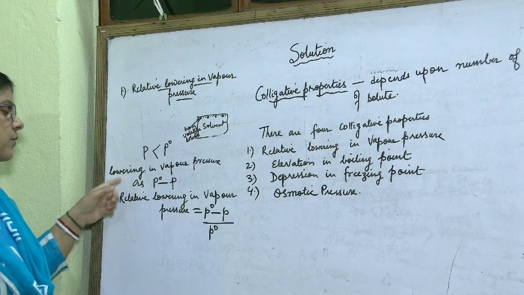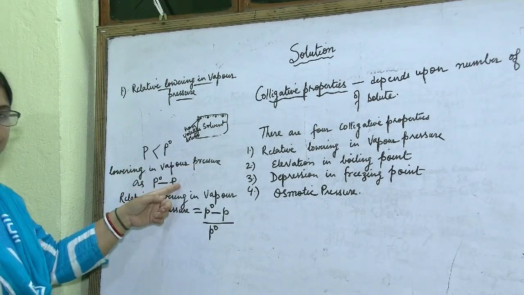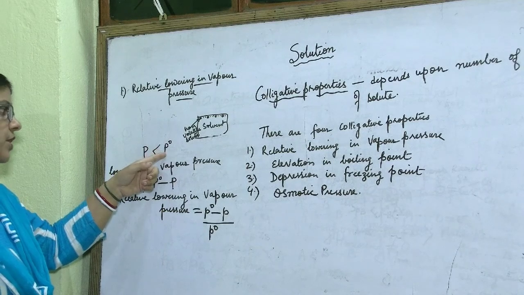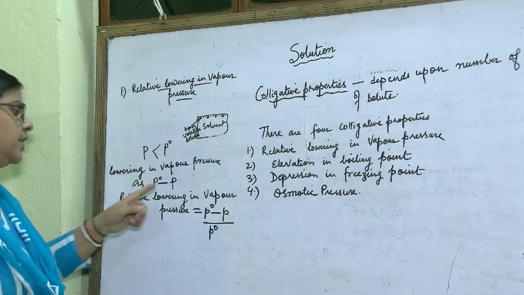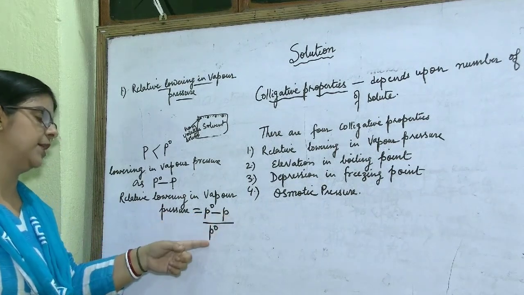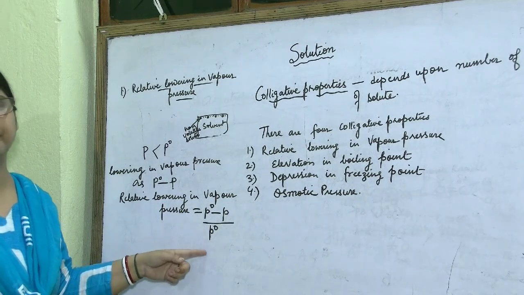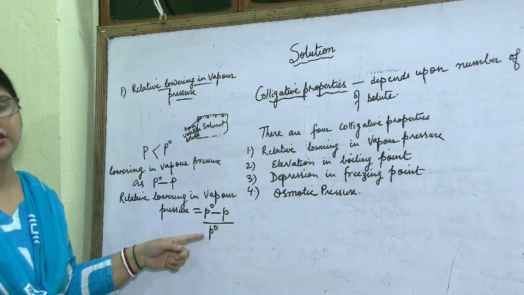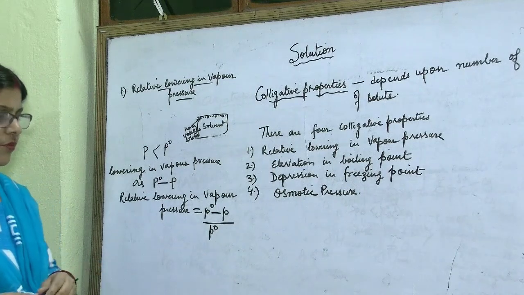So lowering in vapor pressure is P naught minus P, and relative lowering in vapor pressure is P naught minus P by P naught. What is this P naught? Vapor pressure of pure liquid.